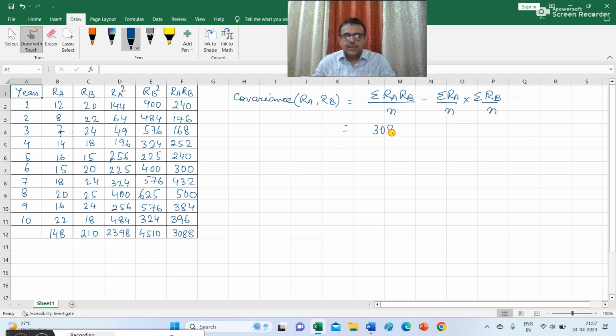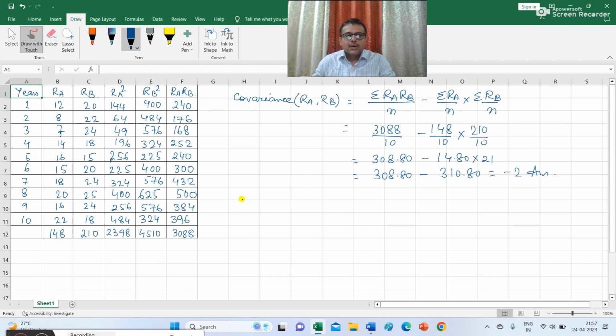So 3088 by 10 minus 148 by 10 multiplied with 210 by 10. So 308.80 minus 14.80 multiplied with 21, that is 308.80 minus 310.80, which is minus 2. So covariance of RA and RB is minus 2.